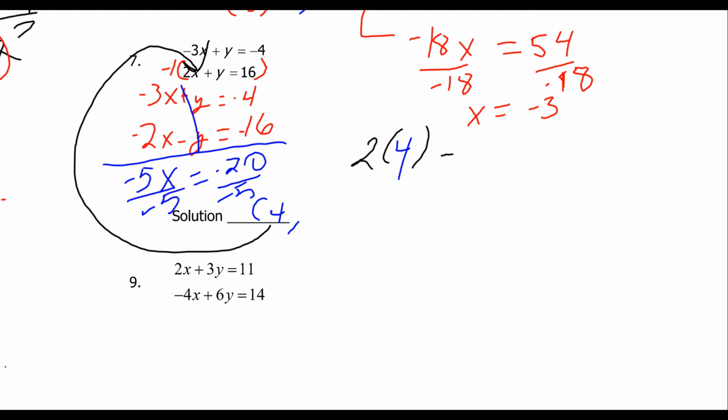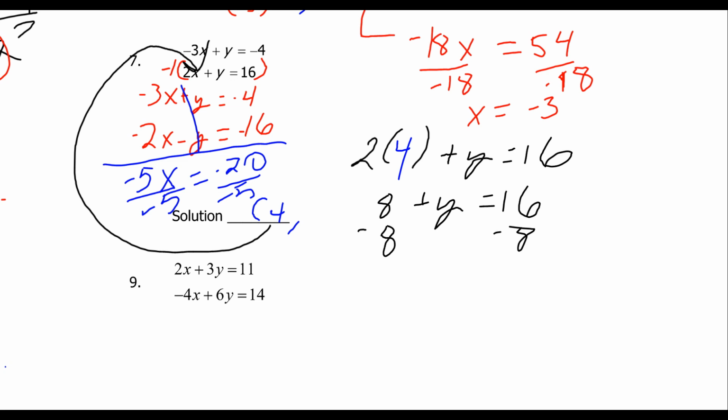So we got plus y equals 16. Now I have 8 plus y equals 16. I minus 8 from both sides, and I got y equals 8. So y is 8. Here, I'm going to make that look a little bit better. We're going to beautify that.